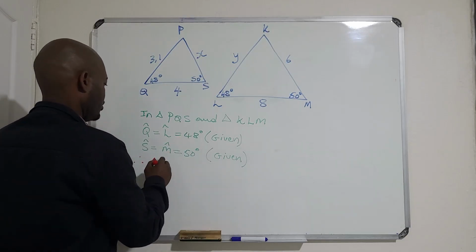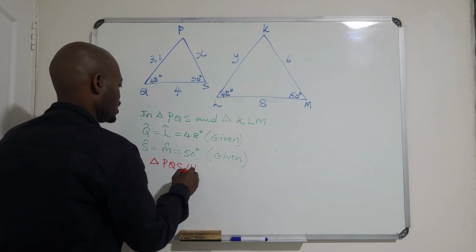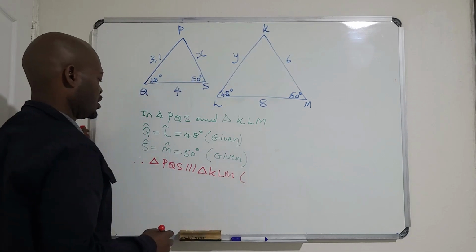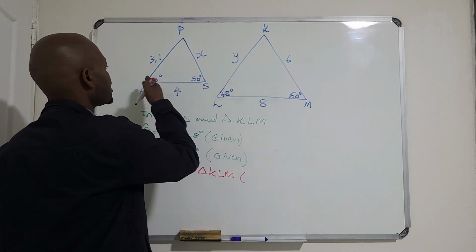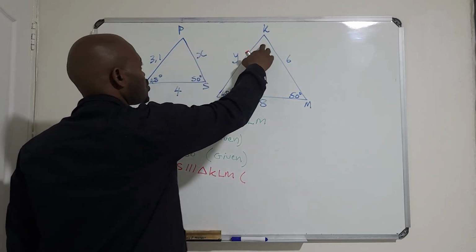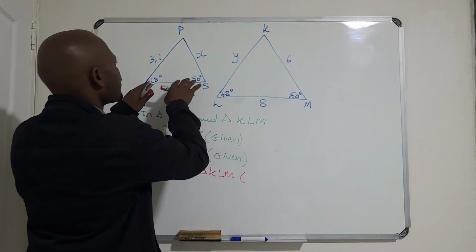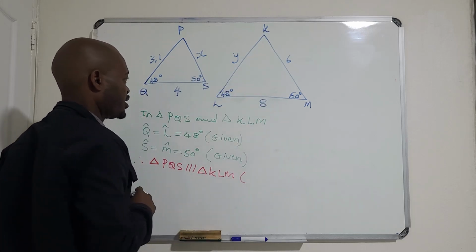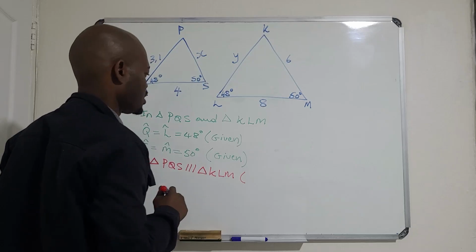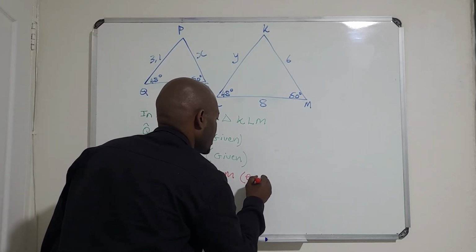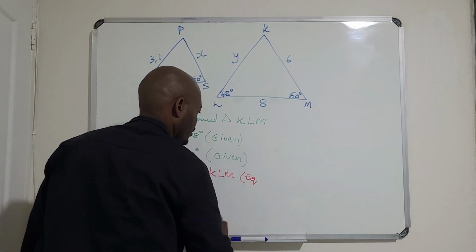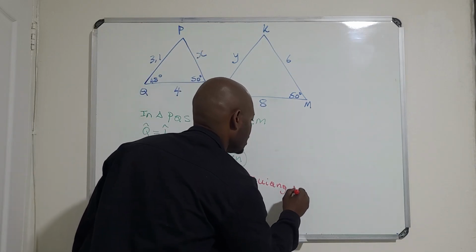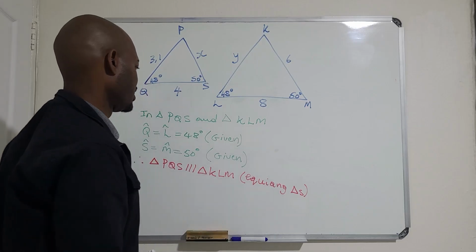Therefore, triangle PQS is similar to triangle KLM, equiangular triangles, since the corresponding angles are equal. We can just shorten it like that.